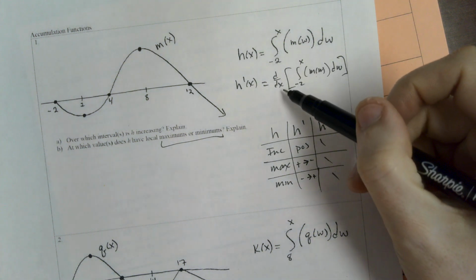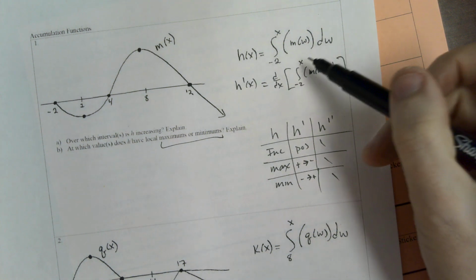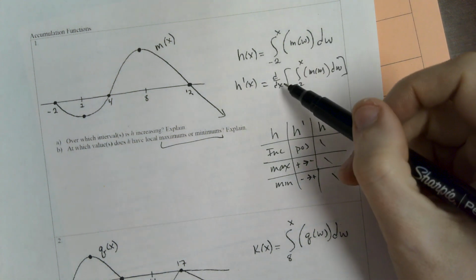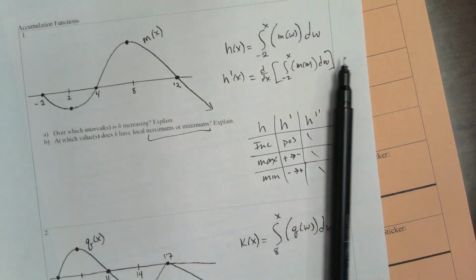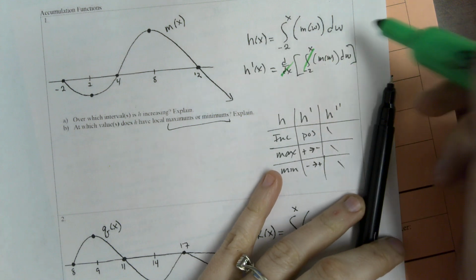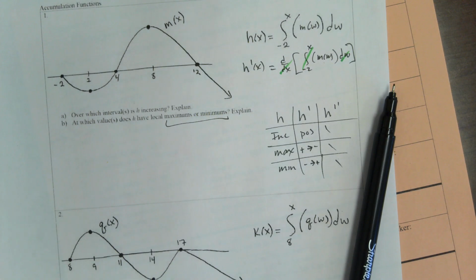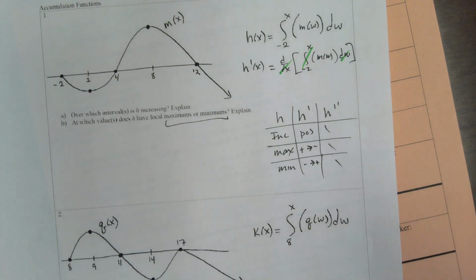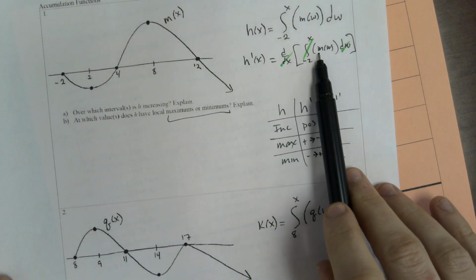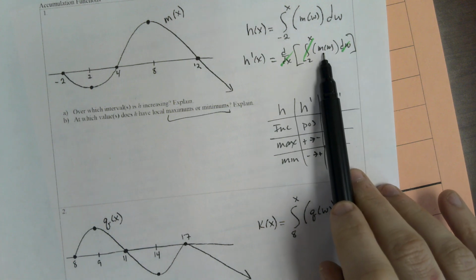As long as this is just an x or y or something, and down here it's the same variable, then the derivative and the integral cancel each other, and you could just cancel the dw because that was just a dummy variable, or part of the integral notation. So what we're left with is just m of w.